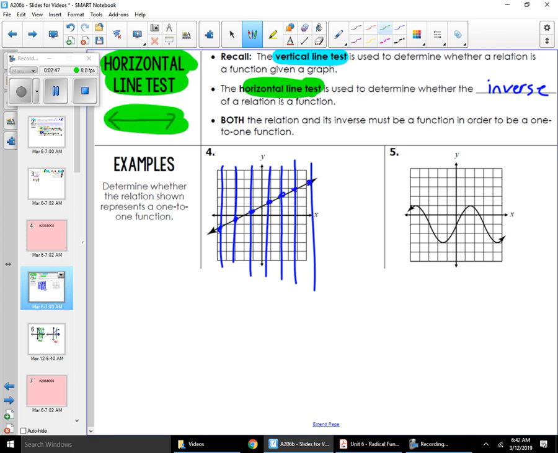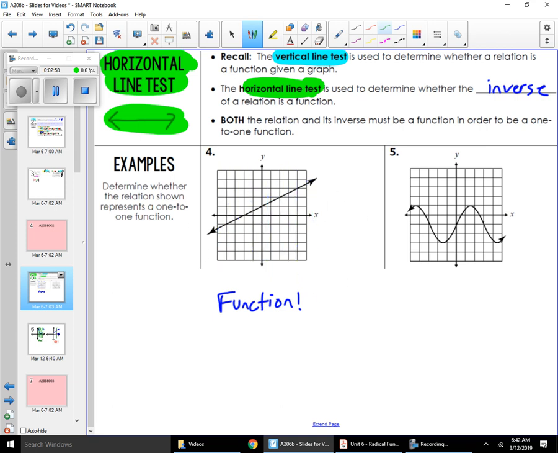So this is a function. And if I start looking at horizontal lines, likewise, no matter how many horizontal lines I draw, they are also only going to touch that line in one place. So the inverse is a function too.